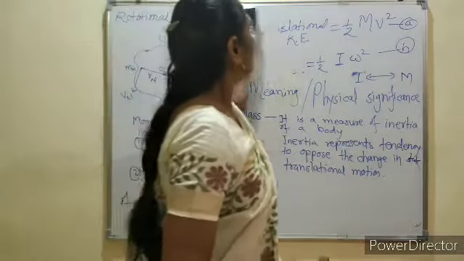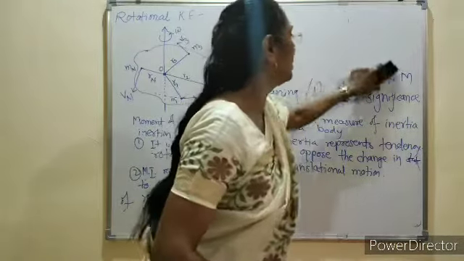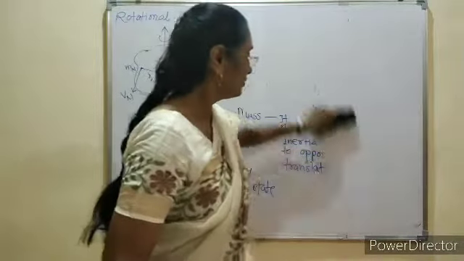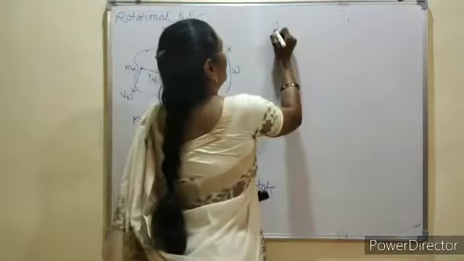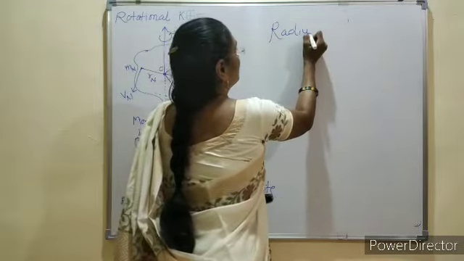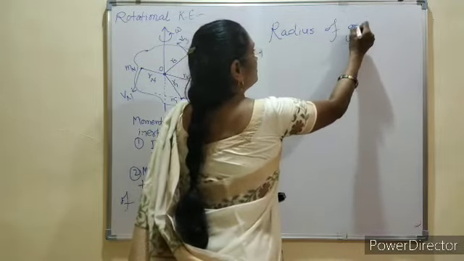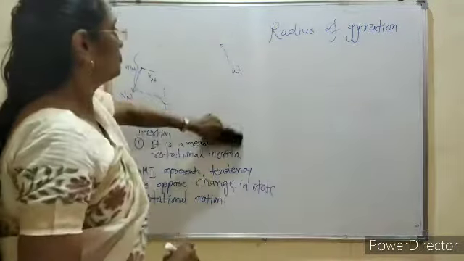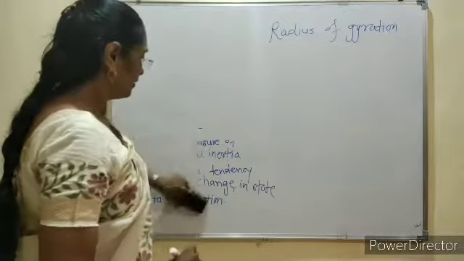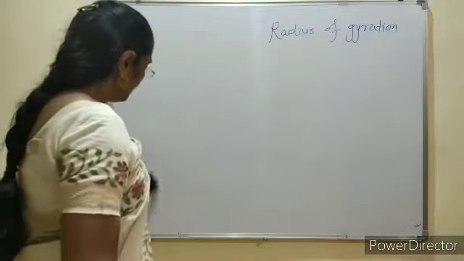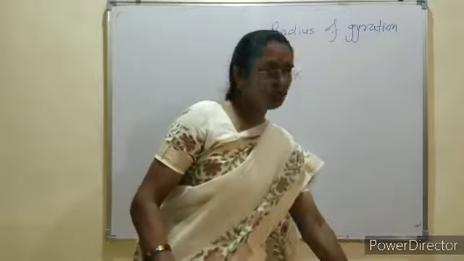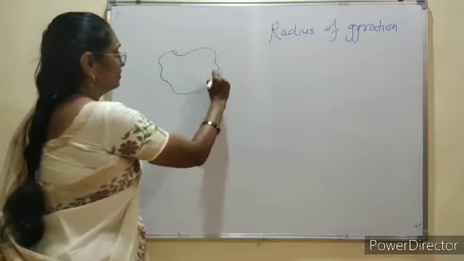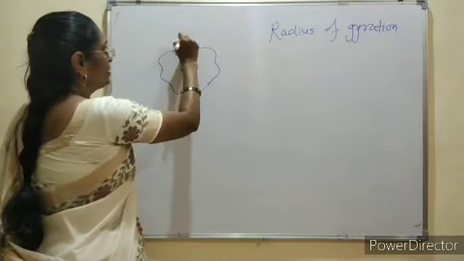Now, related to this moment of inertia, there is again one quantity, that is radius of gyration. This also can be understood from the concept of moment of inertia. For the derivation of kinetic energy, we have taken the body like this, consisting of n particles.